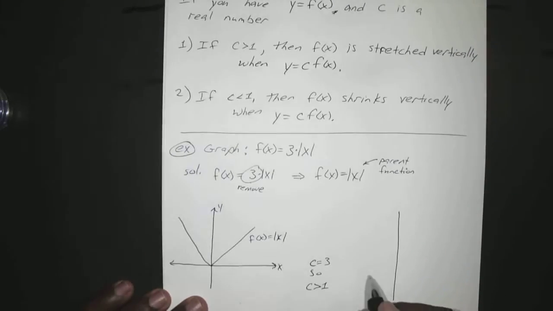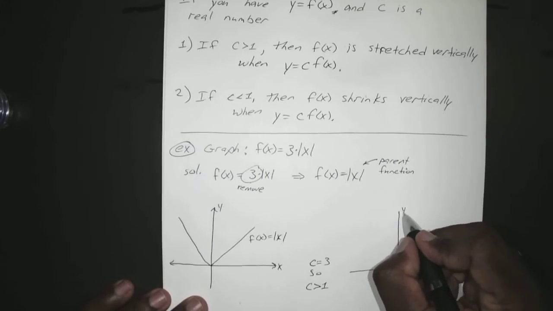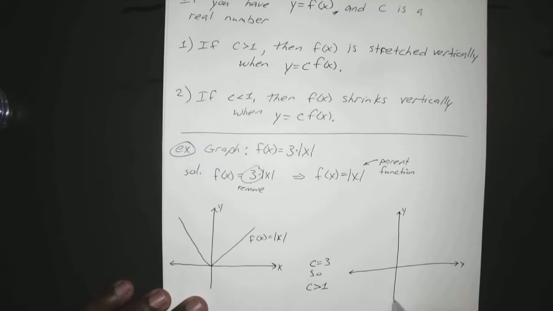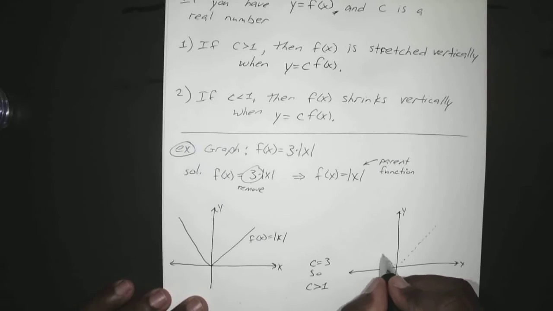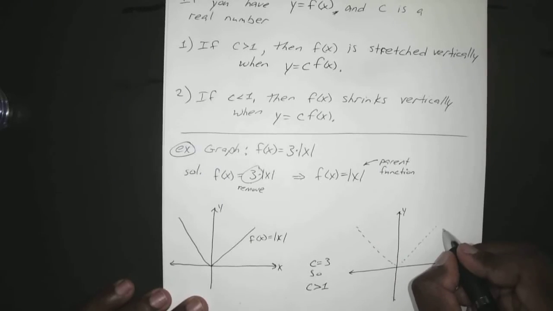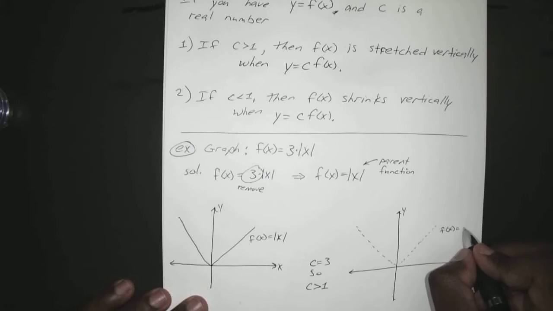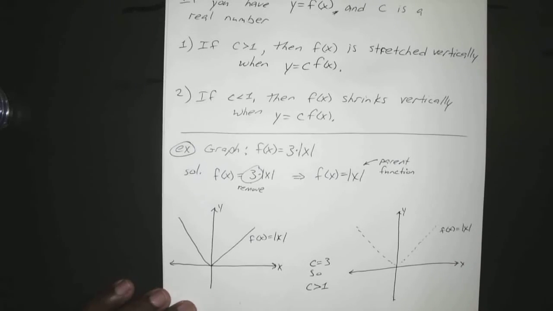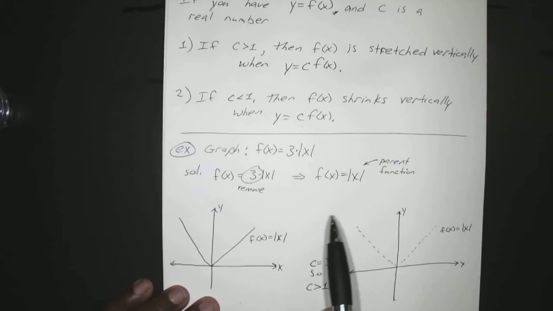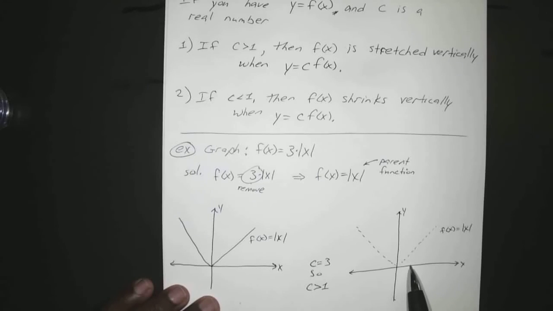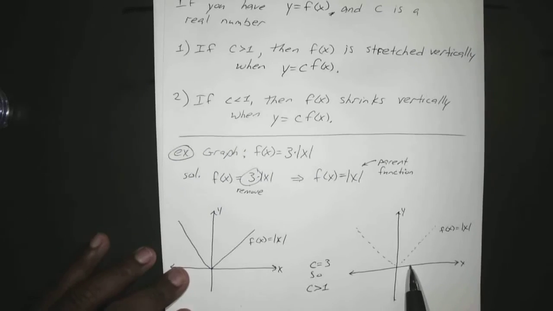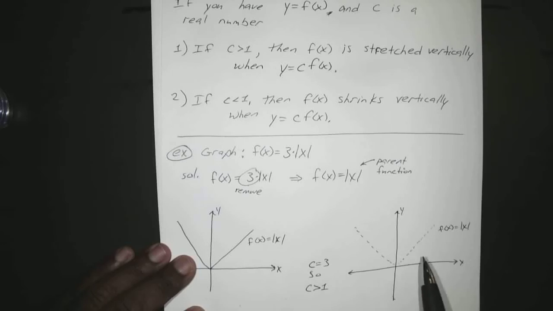So if we were to graph that, we have our x and we have our y, and we have our f of x equals absolute value of x. And what it means by stretched vertically is that everything will change. When you plug in x equals 1, your answer was 1. Here, instead of your answer being 1, it will now be 3.